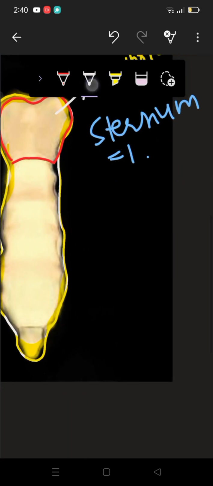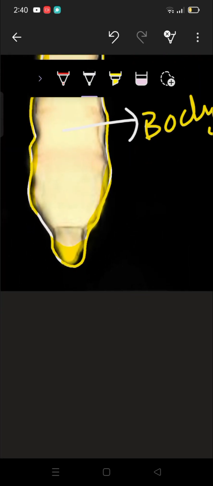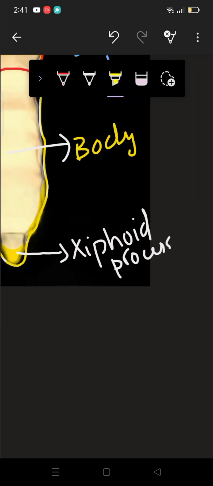Then we have one part here which is the body of the sternum. Sternum has a body and the upper part is known as manubrium. Then we have the lower part which is known as xiphoid process. Let me highlight that as well. This is known as xiphoid process.